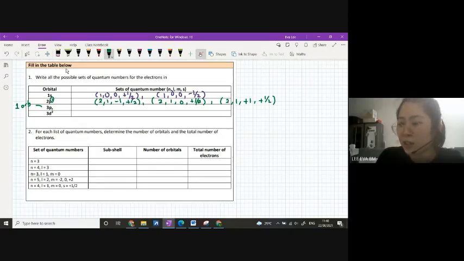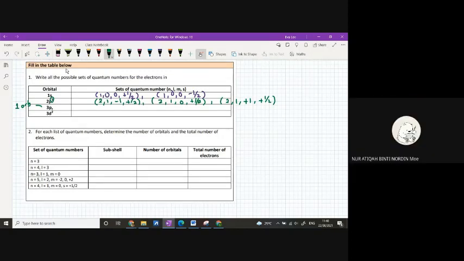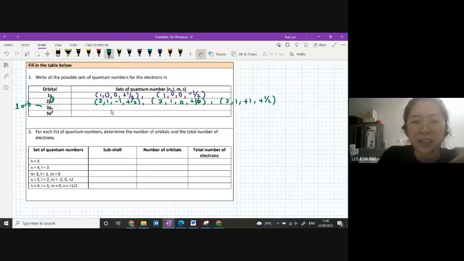So how many sets do I have? 2 as well. So write down, 3, we got 1. Let's say I want to put only 1 orbital. So the value of n, you need to stick to it. If you choose negative 1, both sets need to be the same. Negative 1 and then negative half.